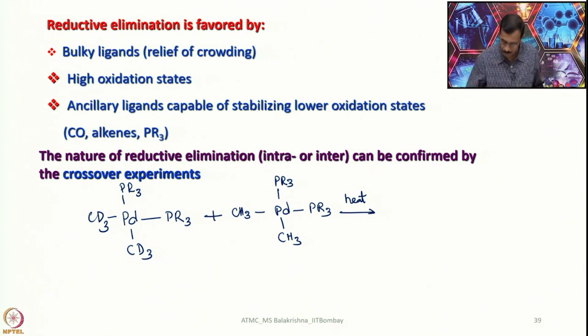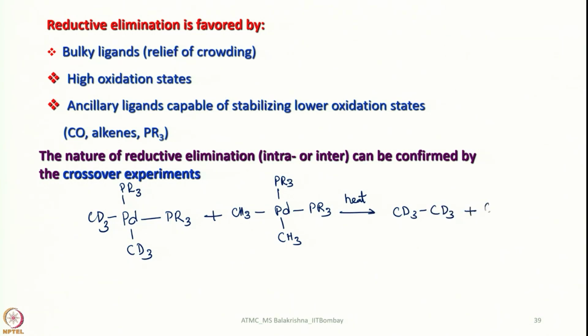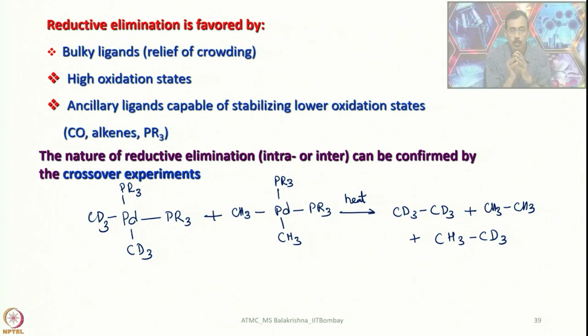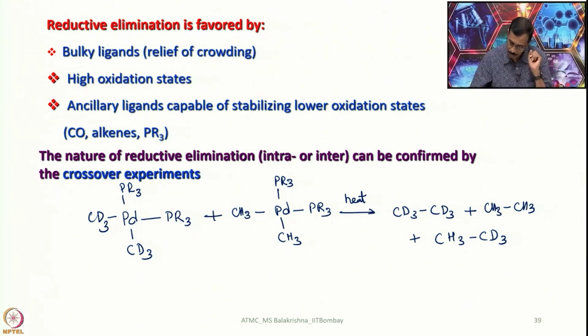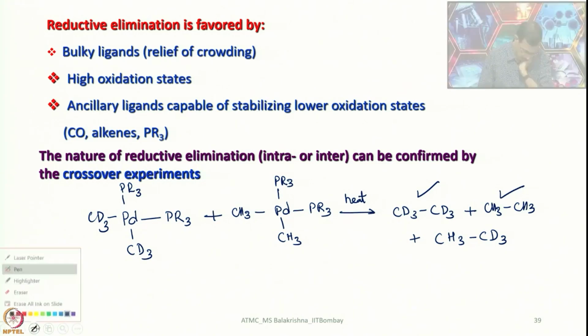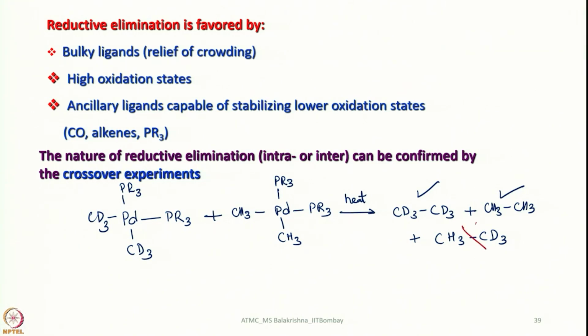Three possibilities are there. One is CD3 coupling to give deuterated ethane, another one is simple ethane, and the third possibility is CH3CD3. So, when we analyze the product obtained in this reaction, we can account for this one, we can account for this one, but this would be missing.